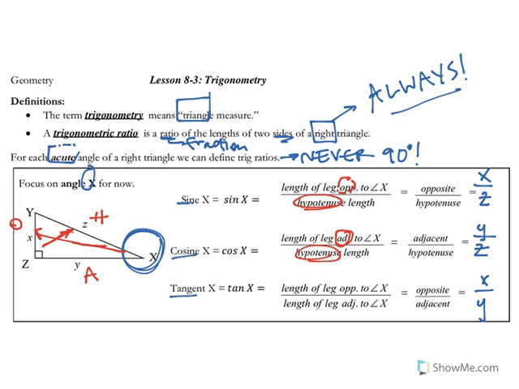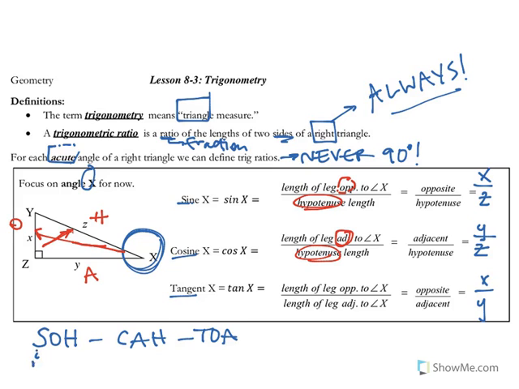I do want to teach you a quick shortcut. So some teachers will call it SOHCAHTOA. SOHCAHTOA. And that's something some students like to write at the top of their pages when we're doing this trig stuff because it's an easy way of remembering what's going on.